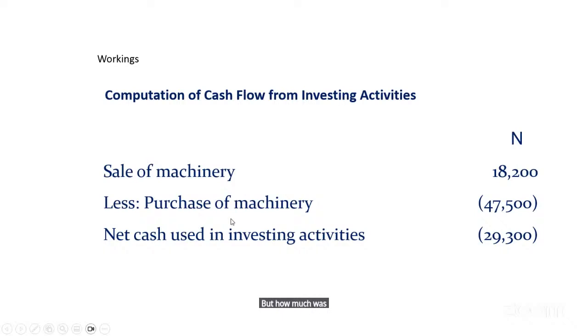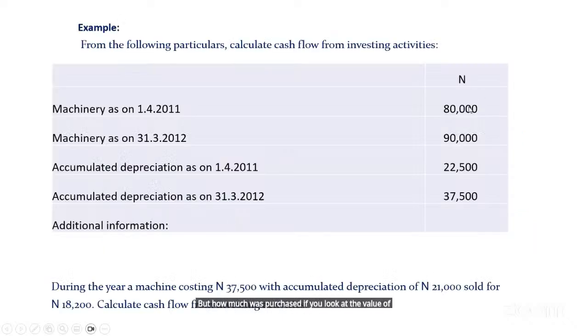Because if you look at the value of the machine here, in the previous year the machine was 80,000. But it has risen to 90,000 naira. There are two things that would have happened. One, probably the machine has been revalued upward, or there was an additional machine bought. But in this case, the machine was bought.